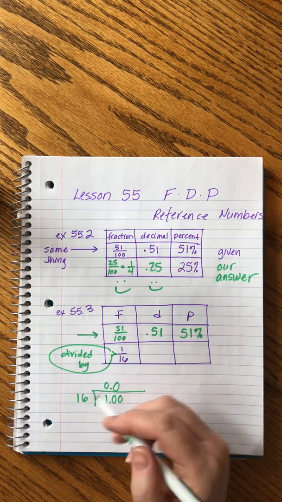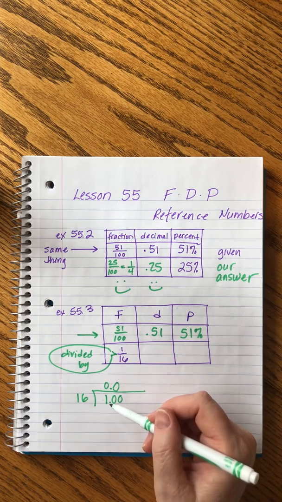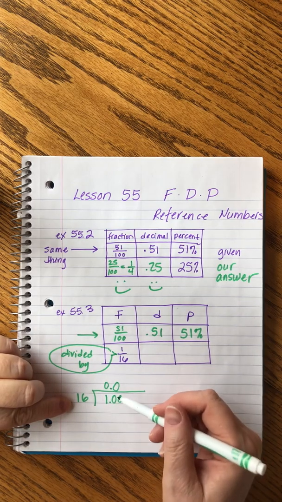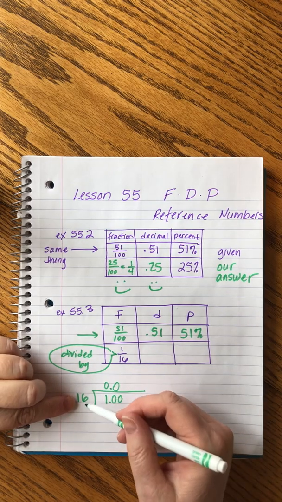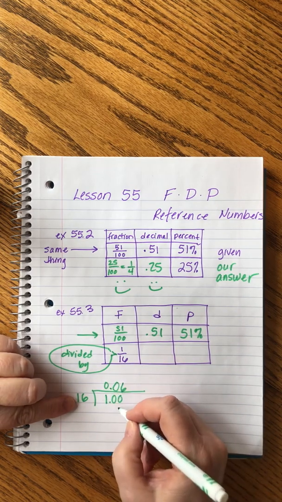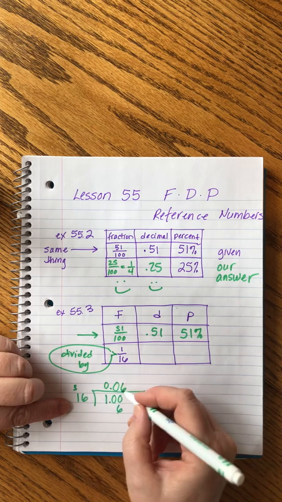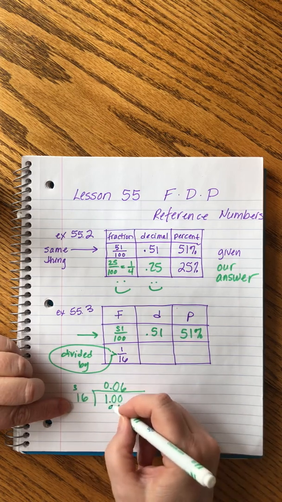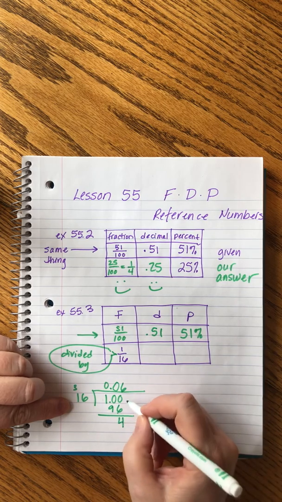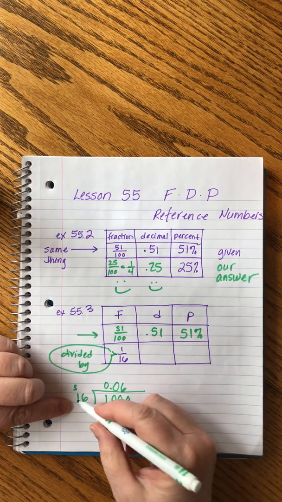Well, 5 times 20 would be 100, so 5 is a guess. That would be 80. So I'm thinking 6. 6 times 6 is 36. 6 plus 3, 9. Okay, I'm happy with that. That subtracts to 4. And I bring down another 0.